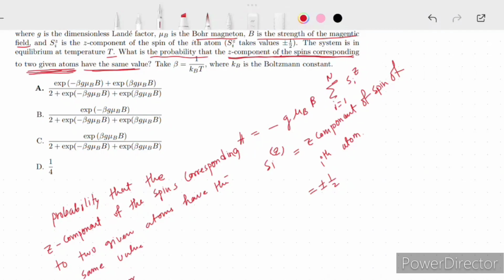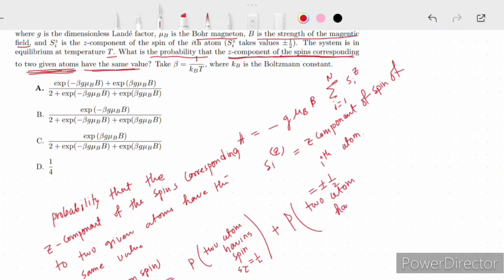The probability for the same spin is the probability for two atoms having spin Sz equals plus half, plus the probability for two atoms having spin Sz equals minus half.